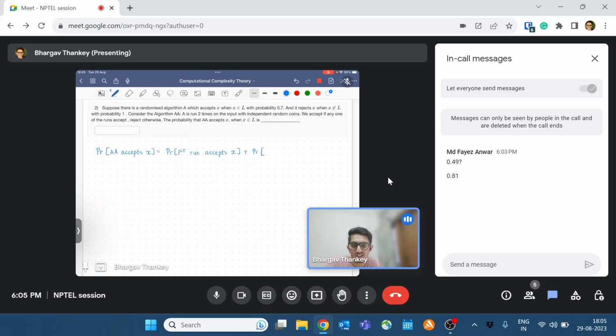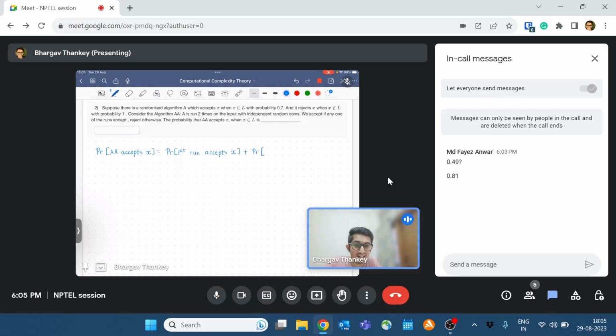What I want to say is that double A accepts X if the first run accepts X, or the first one is a failure and the second one is an acceptance. So that's why I'm doing it like this.